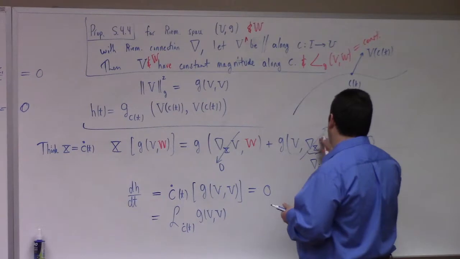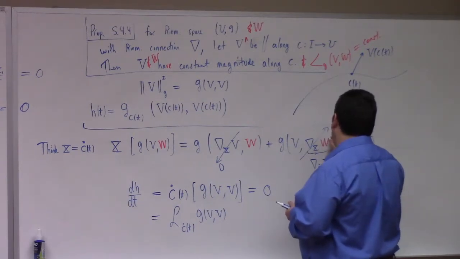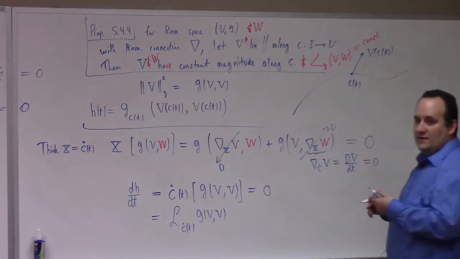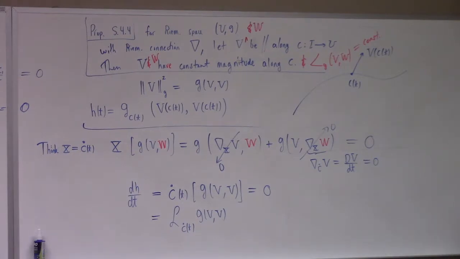Where was I? Oh yeah, W. But V and W are both parallel, so their covariant derivatives are both 0. So the metric of V and W is constant along the curve. Since they have constant magnitude by the first theorem, that implies that the angle between them, as judged by G, is also constant.